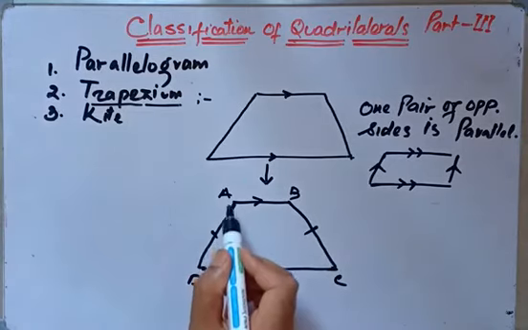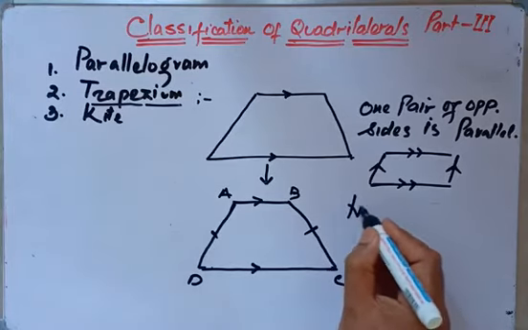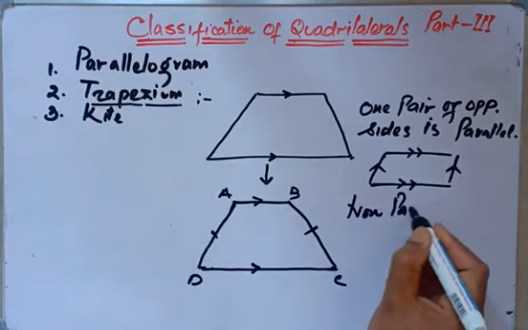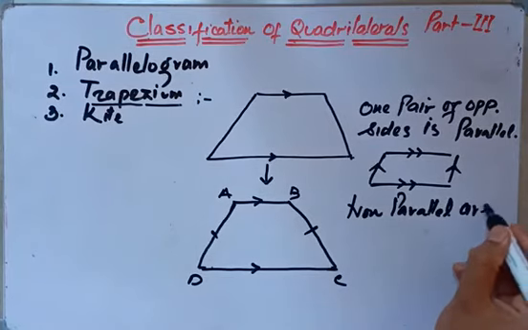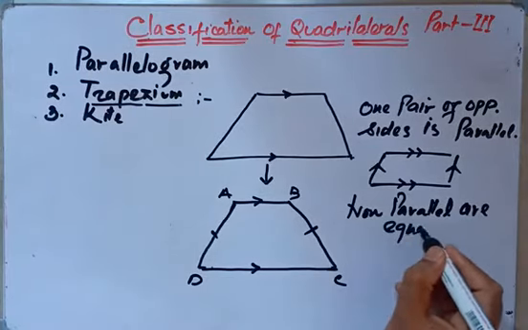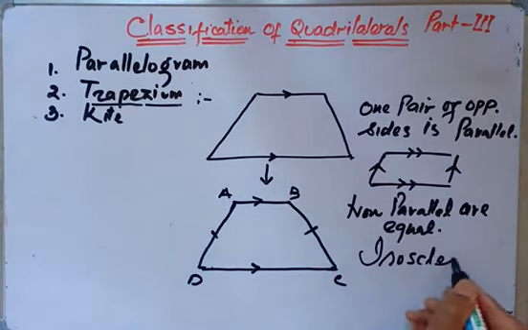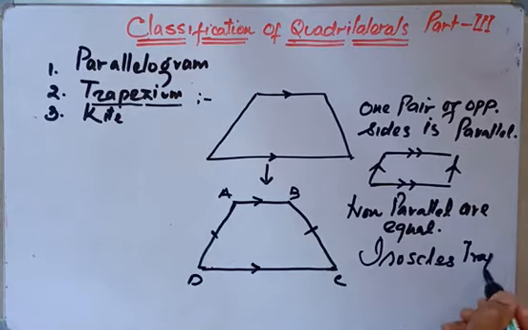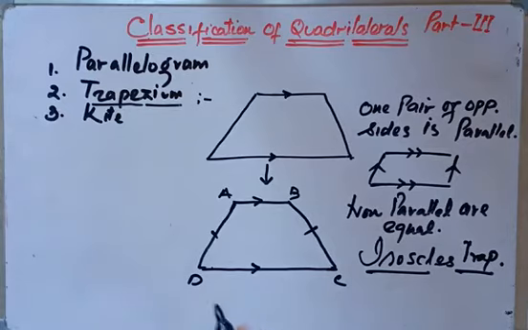So the trapezium in which the non-parallel sides are equal is called an isosceles trapezium. Sometimes you are asked what an isosceles trapezium is. It is the one in which the non-parallel sides are equal.